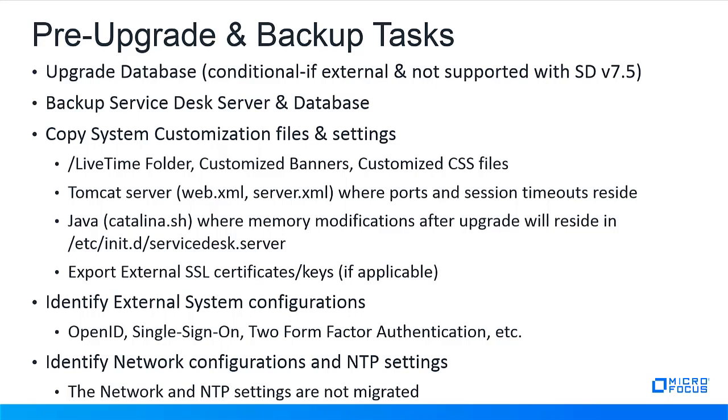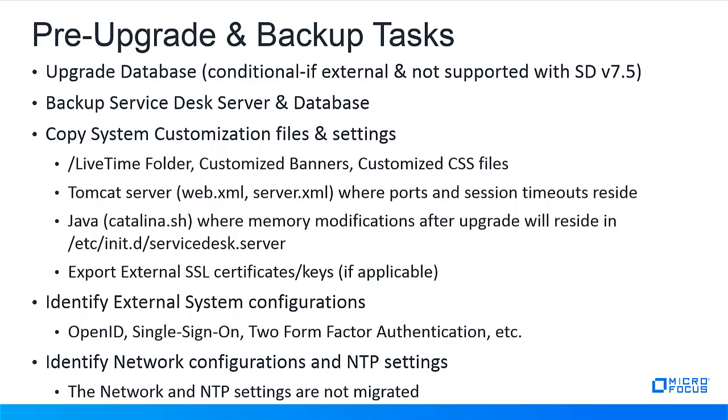Some of those components might be the lifetime folder, system files, the database, certificates, and if you have customizations to banners or made modifications to Tomcat, like changing the default port or session timeout, or Java for memory modifications, back up those related files and certificates. These are all mentioned in the documentation.